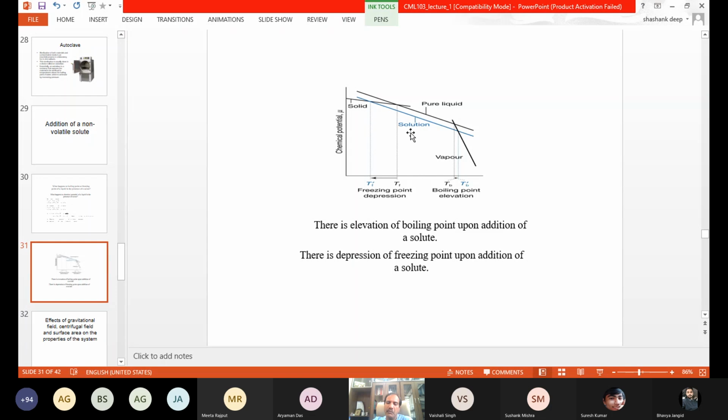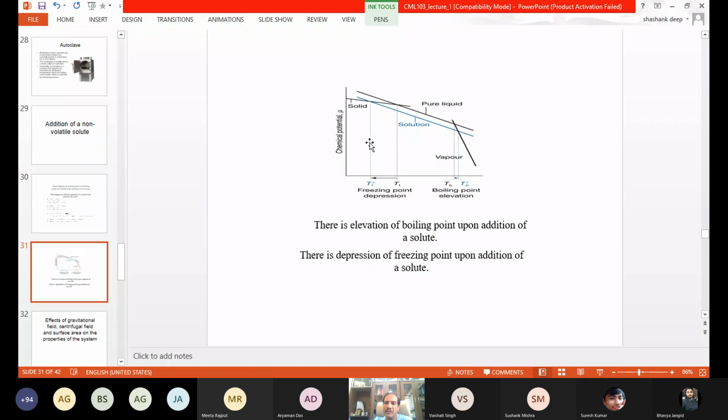That's what we saw from the derivation done in the previous slide. So the solution has lower potential energy compared to the liquid. What happens then? You see that now it crosses the chemical potential of solid at a lower temperature, but it crosses the chemical potential of vapor at a higher temperature.